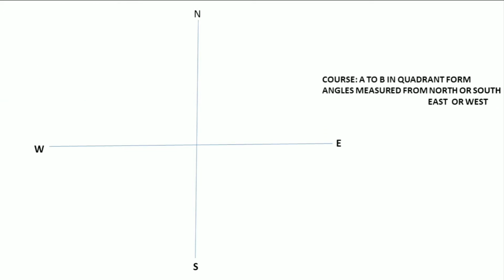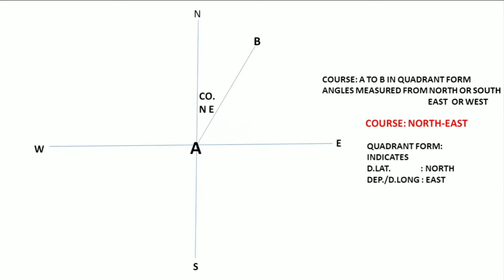Now, if the course has been given to me in quadrant form, and we know that the measurements are only from north or south towards east or west, if the course was given to me as northeast, so it has to be in this quadrant, northeast. This course is indicating to me that my D.LAT should be north and my departure should be east.